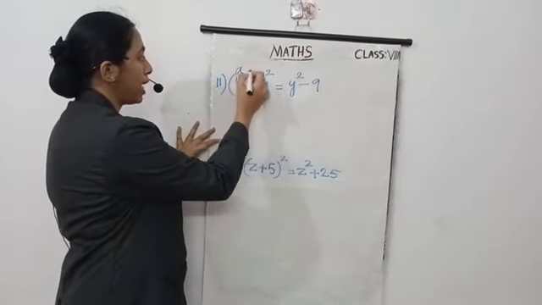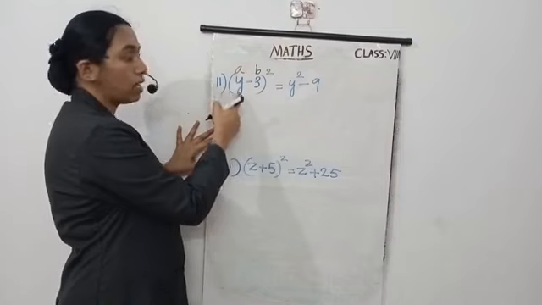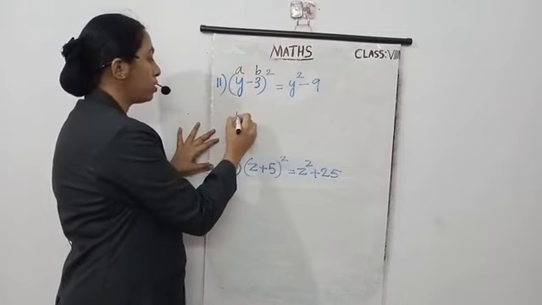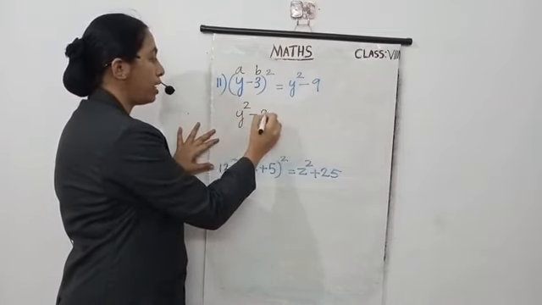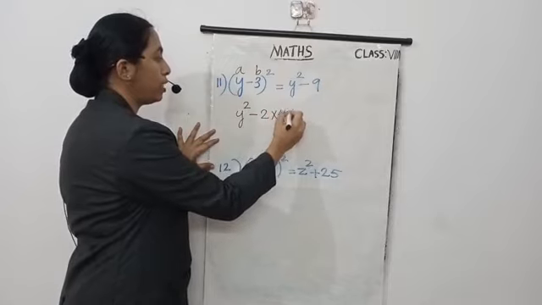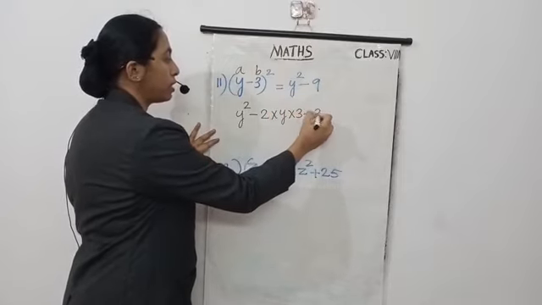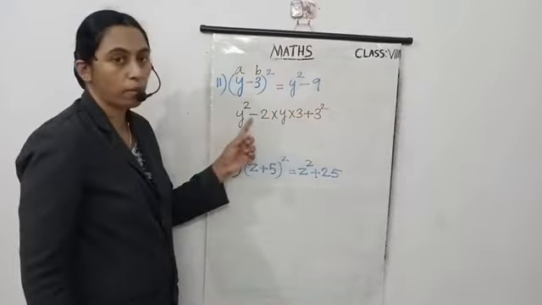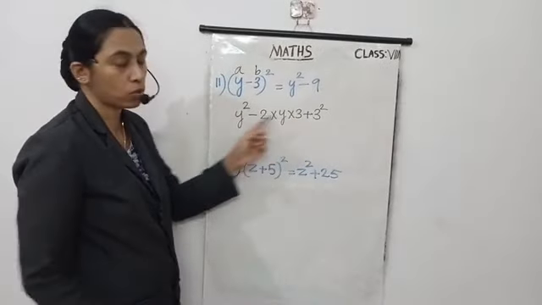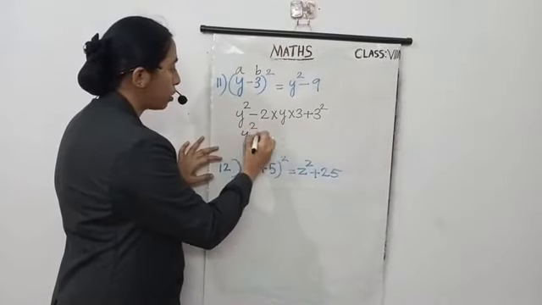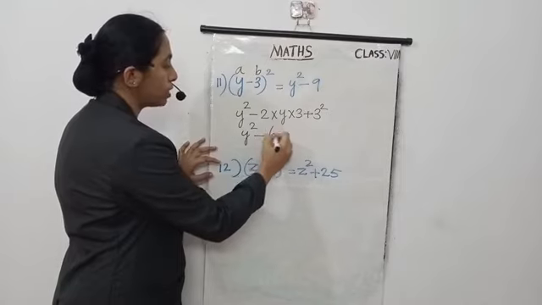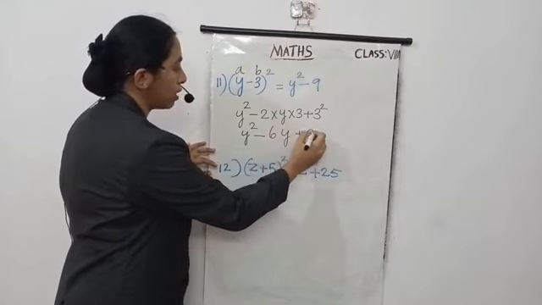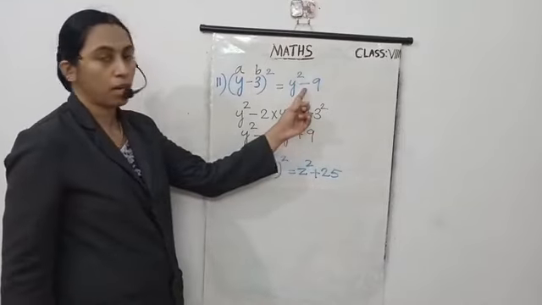So this is a and this is b. So a is y and b is 3. So this is y square minus 2 into y into 3 plus 3 square. a square minus 2ab plus b square. Now this is y square minus 3 into 2, 6y plus 9. So this is the correct answer, not this.